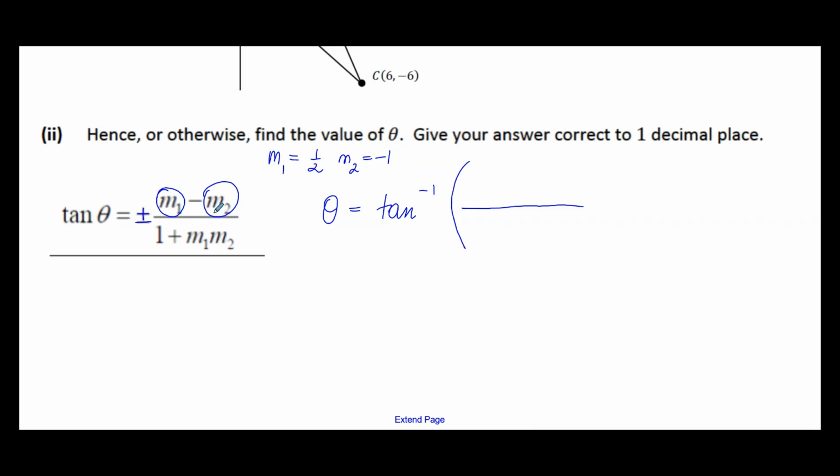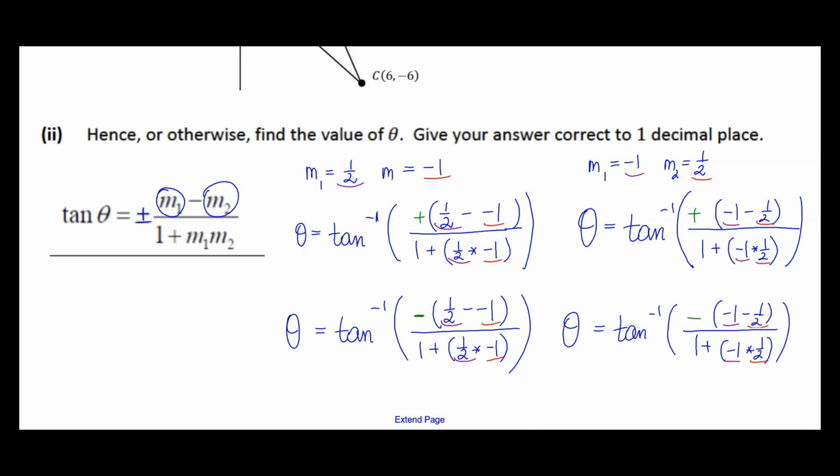I want to bring this up because I want to tell you what values you're going to get in your calculators, and why it might seem confusing. So this is the version I've written all out: 4 different calculations, because we have plus in front of the formula, and we also have minus in front of the formula.